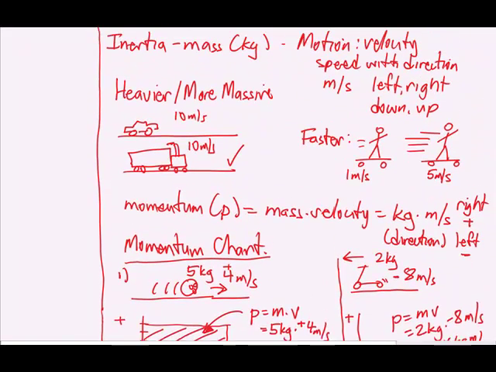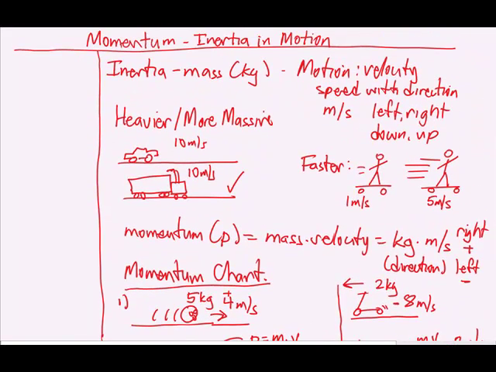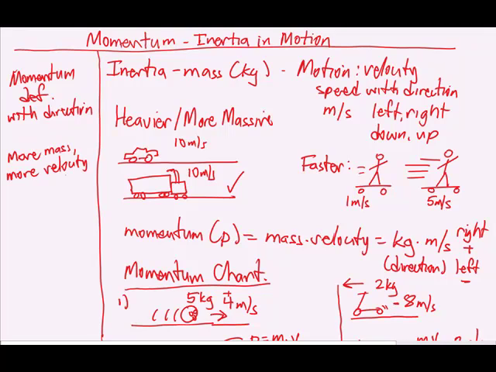Okay, let's go ahead and make a little summary on this. Up here we have our momentum definition. An important thing is that it has direction as well. We know that both more mass or more velocity gives us more momentum.